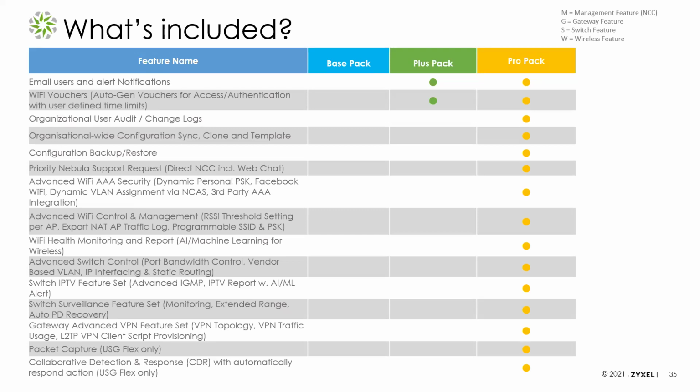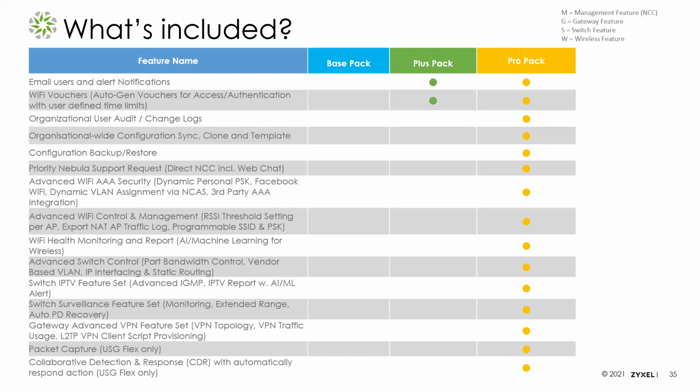The ability to sync configuration changes between different sites under a certain customer, the ability to clone existing sites under a customer and use templates to push out certain changes, the ability to back up and restore your switch configurations, the ability to basically open up a web chat in the evening, US time, with our team in Taiwan that maintains the servers, or to open a ticket directly with them instead of having to call in to our local support team.